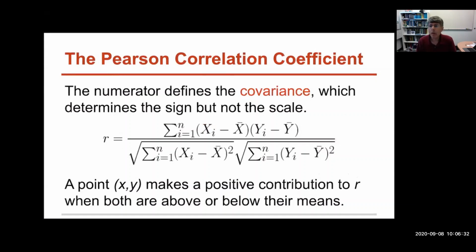Pearson correlation coefficient is. This is a measure of correlation that is probably the most common one used.